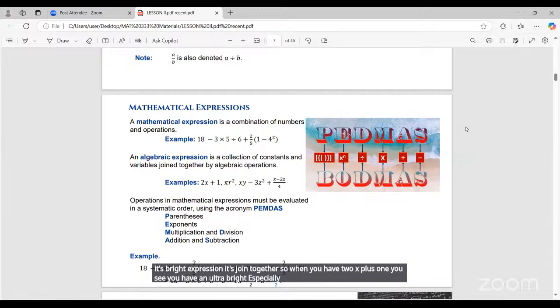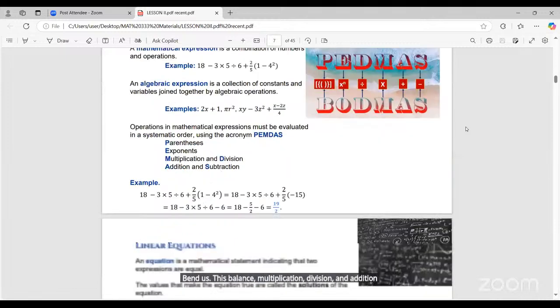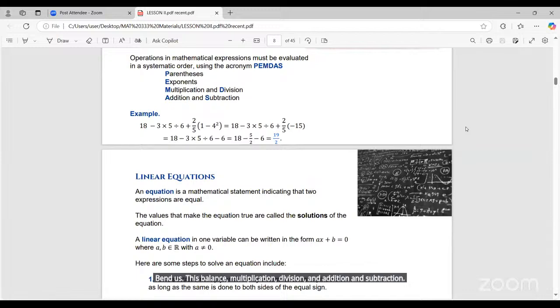Operations in a mathematical expression must be evaluated in a systematic order, and we use the acronym PEMDAS. We deal with parentheses, the exponents, multiplication and division, and addition and subtraction. We look at this example.